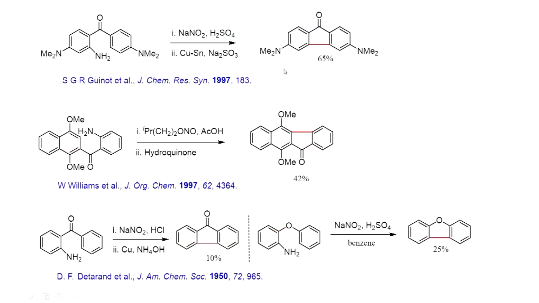Here some examples are shown from the literature. As you can see here, this compound, when you react with sodium nitrite in the presence of sulfuric acid, you will be able to form the diazonium salt.